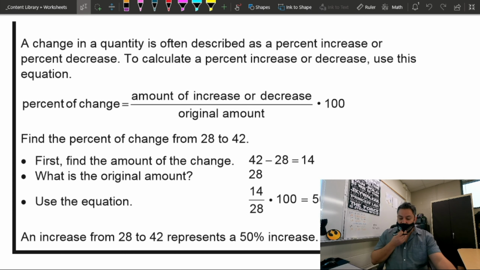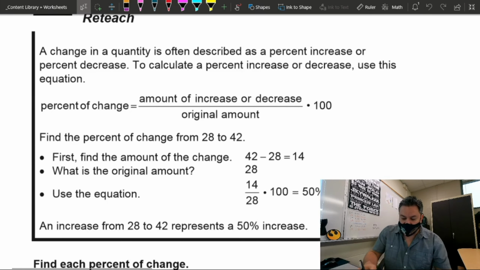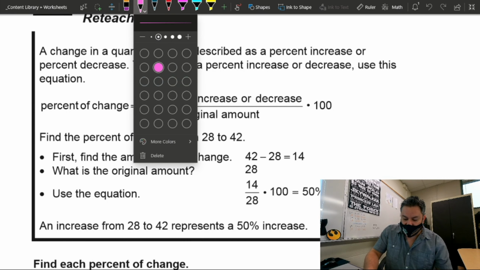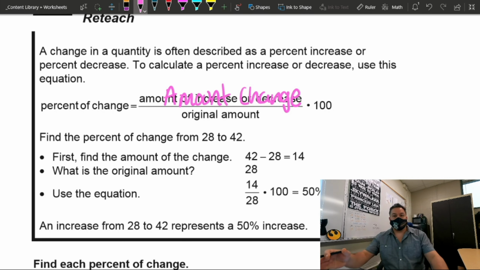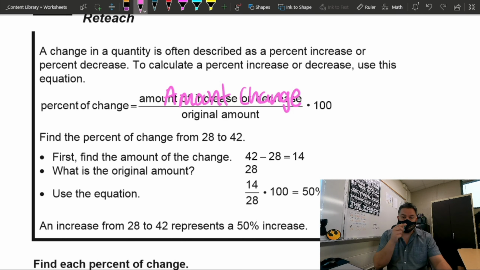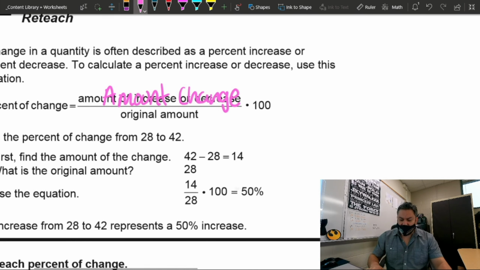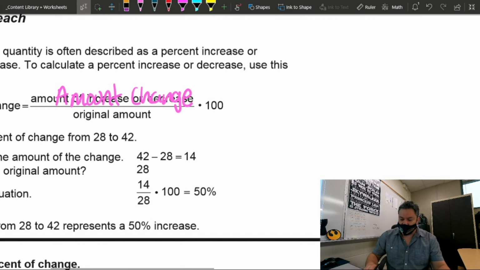So basically, a faster way to see this: on the top, we're going to use the amount change divided by the original amount, and then we're going to multiply by 100. However, it's easier if you move the decimal two places to the right. Whenever you go from decimal to percent, all you have to do is move the decimal two places to the right. Now, to find the amount change, I'm going to write this on the side.